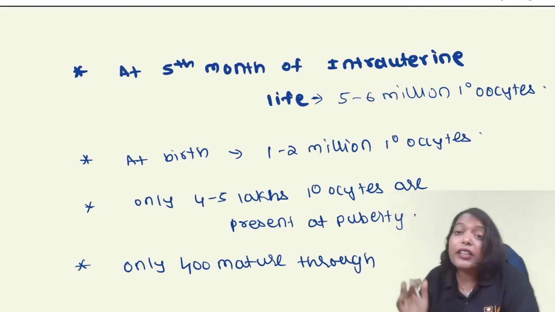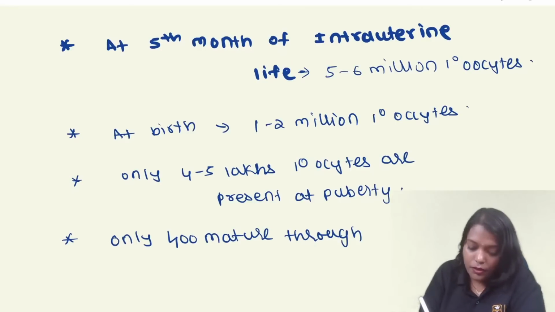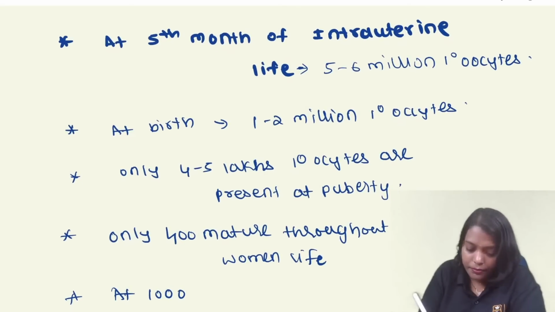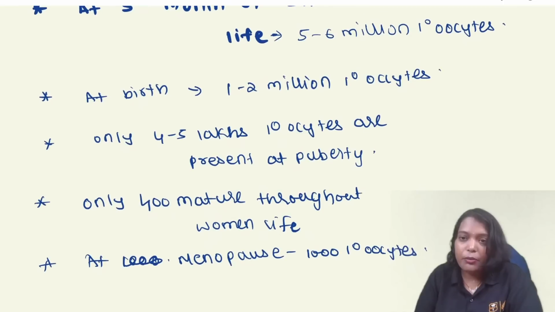Only 400 have the capacity to become the ovum. At menopause, we still have 1000 primary oocytes, but they don't have the capacity to become the ovum.